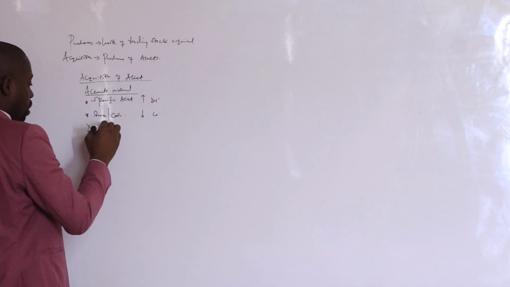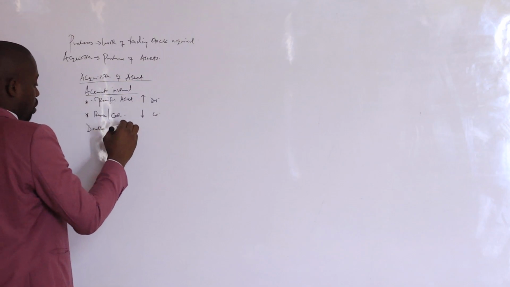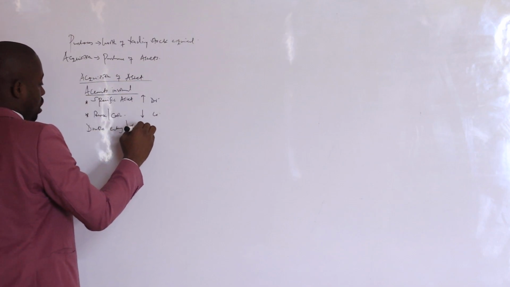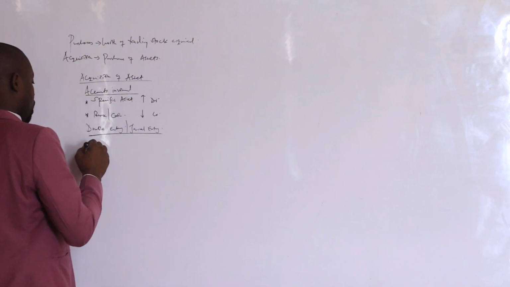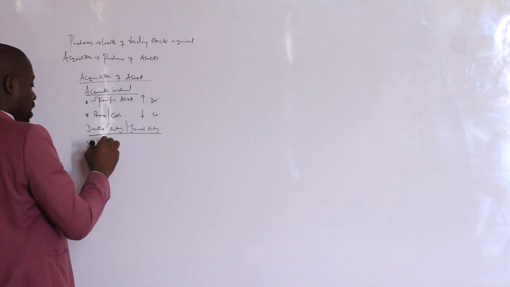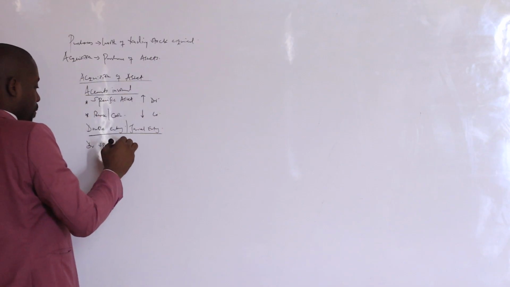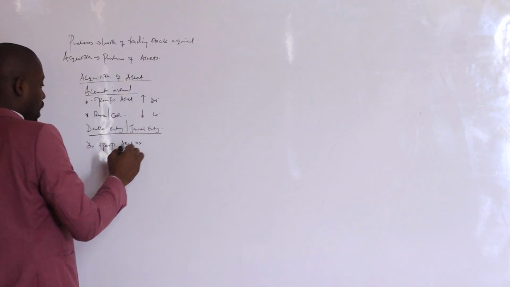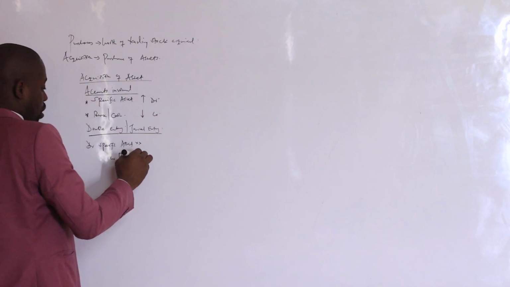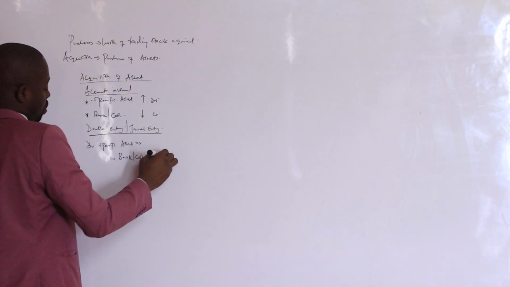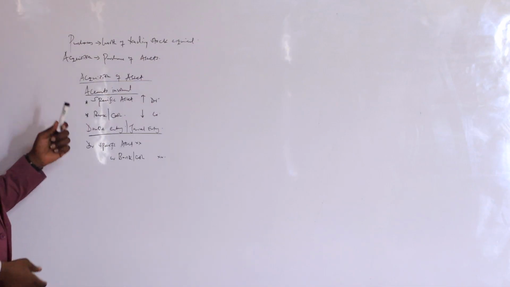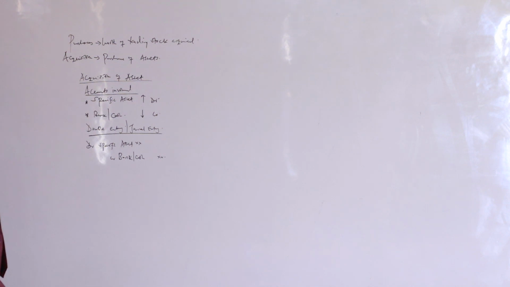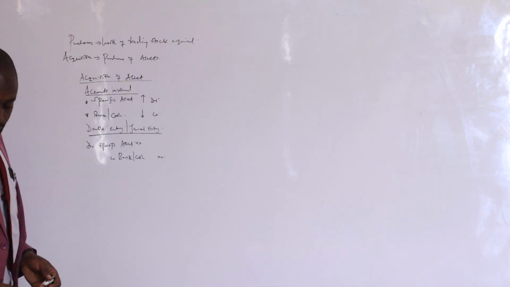So the double entry, or the journal entry, we debit that specific asset and credit the mode of paying for the asset, bank or cash. That's how we record this transaction.